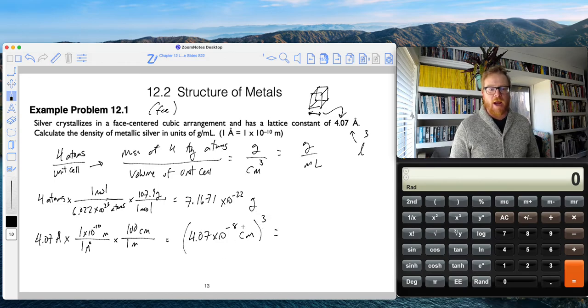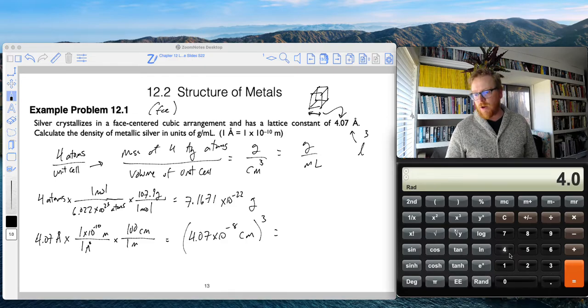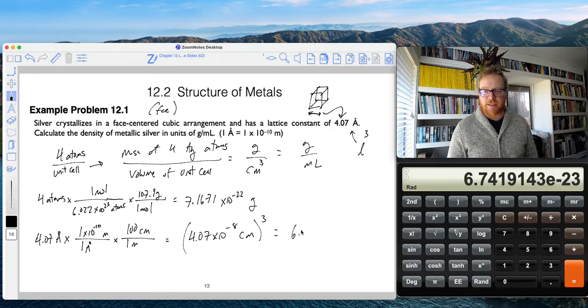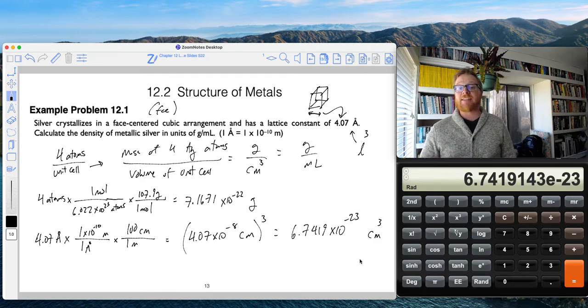When I cube something, not only do I cube the number, I cube the unit. So 4.07 times 10 to the minus 8, cubed, gives 6.7419 times 10 to the minus 23 cubic centimeters.